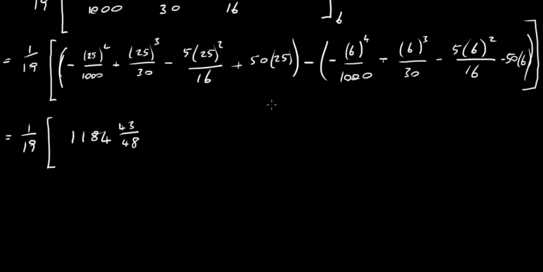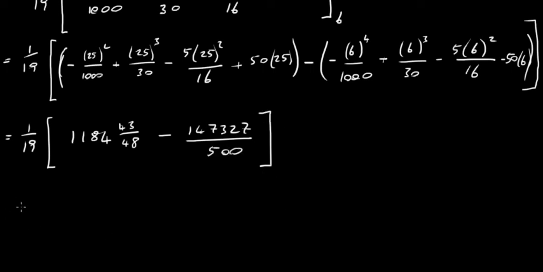Do another line in between here at least. Try not to just throw all this into your calculator. You may make an error here, but here we end up with minus 147327 all over 500.